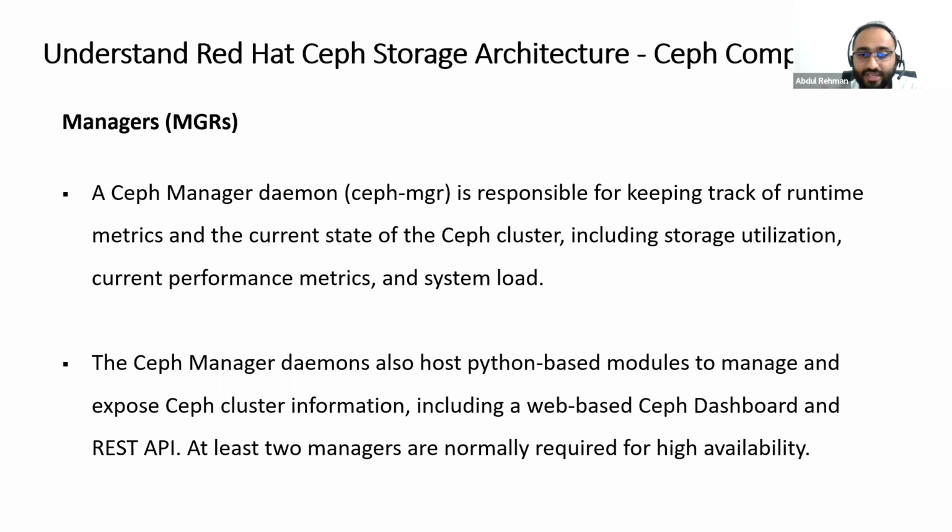Let's say any pool or storage disk, or the overall storage utilization of the cluster, goes above 50% or 80%. MGR will raise an alarm based on the configurations we provide.